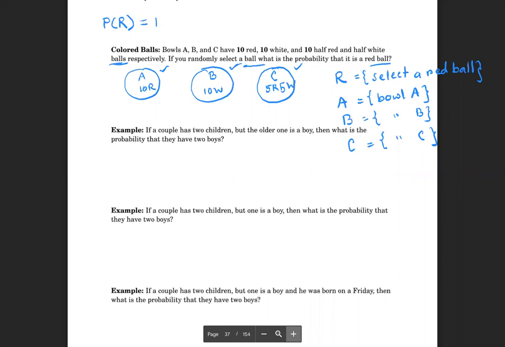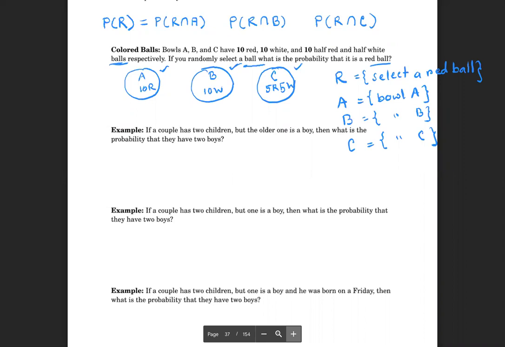So technically it is going to be the probability of selecting a red ball and it's coming from ball A. You could select a red ball, it is coming from ball B. Or you could be selecting a red ball, it would be coming from ball C. It couldn't come from anywhere else because these are the only three options.